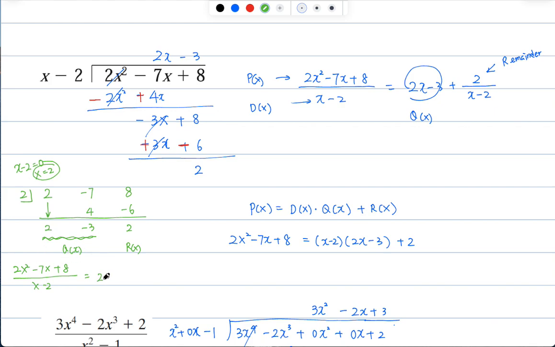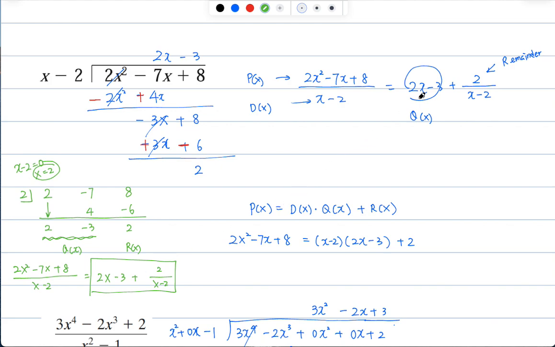Therefore 2x minus 3. I just put x here, and that is my quotient, plus the remainder, 2 over x minus 2. This is the final result with synthetic division.